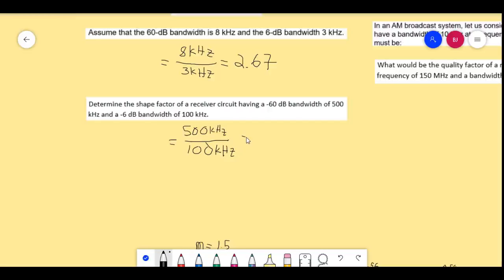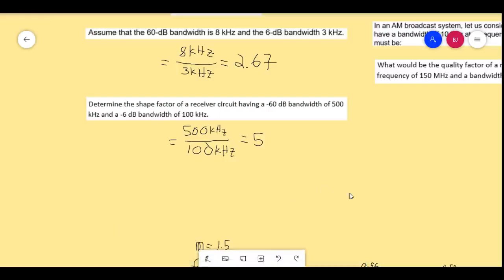So 500 divided by 100, we can directly divide this as they both have kilo. That would be equal to 5, or a shape factor of 5. That would mean that our second receiver has a worse selectivity compared to the first example, as the closer it is to 1, the better it is.